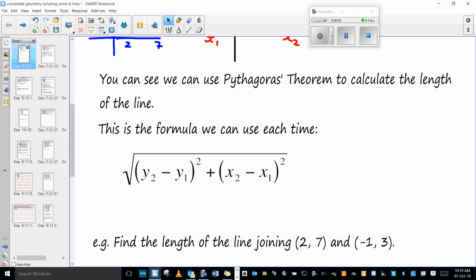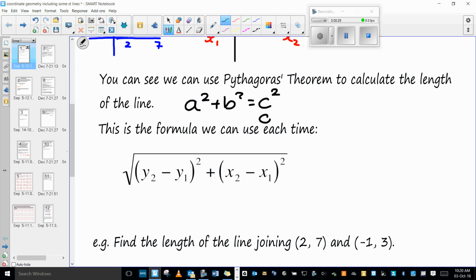Why do we need to square root it, Tanya? Why do we square root it if we want the length of the line? What's Pythagoras' theorem say? Because we just have a and b, not a squared and b squared. Well, we're actually just trying to find c, aren't we?